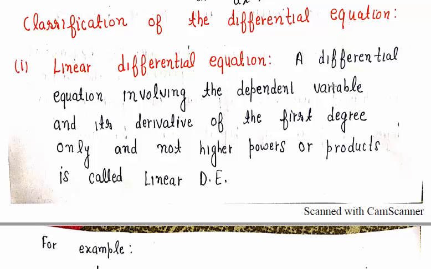So if we suppose y is our dependent variable and x is the independent variable, and the equation involves dy over dx and y only, and not the product of y and dy over dx, that differential equation is known as a linear differential equation.